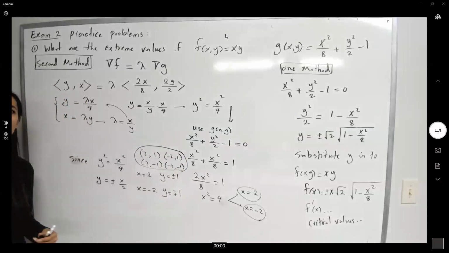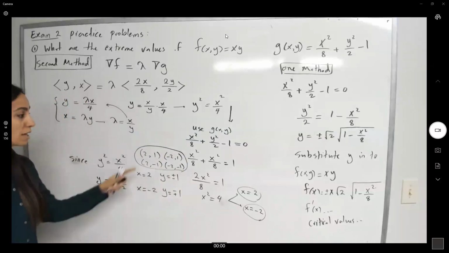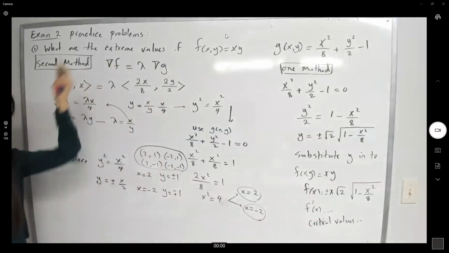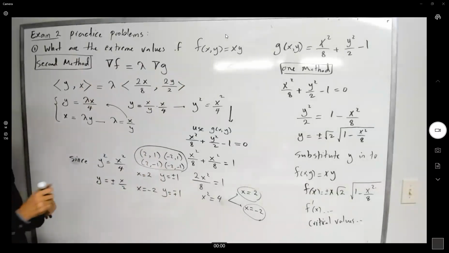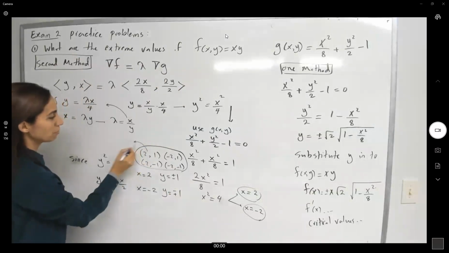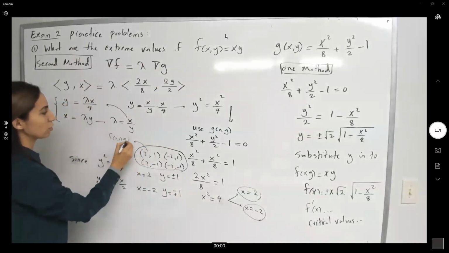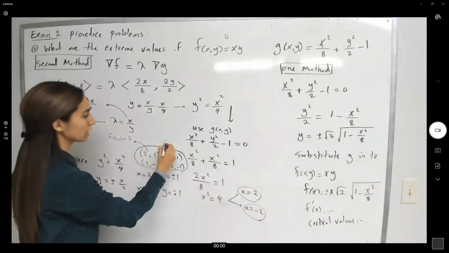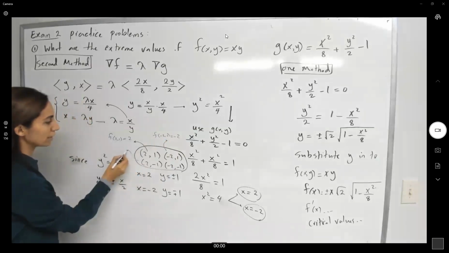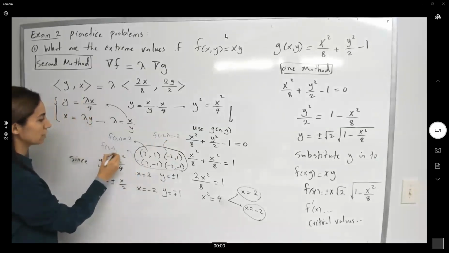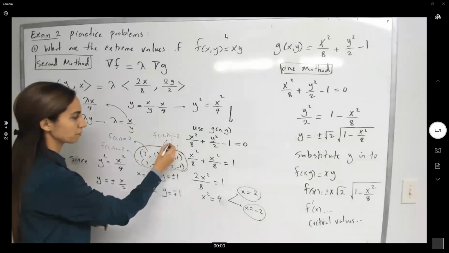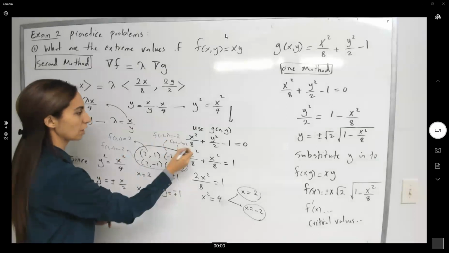Now that I have all the possible points that give the optimal values, I need to plug them into the function. f(2, 1) is 2. f(negative 2, 1) is negative 2. f(2, negative 1) is negative 2 again. f(negative 2, negative 1) is 2.